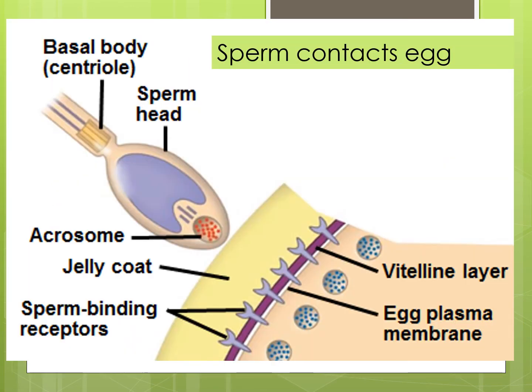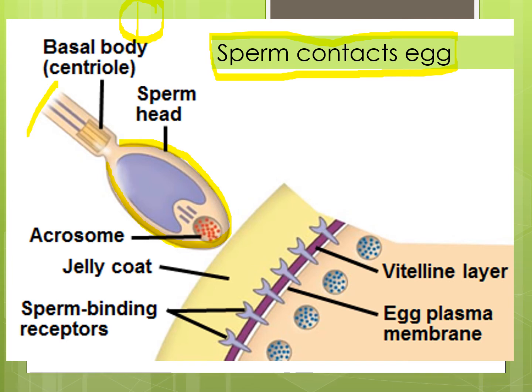The first phase, which is our acrosomal reaction, starts when your sperm cell meets your egg cell, or your sperm contacts your egg. If we have a look at our sperm cell, we can see that here we have the sperm head.